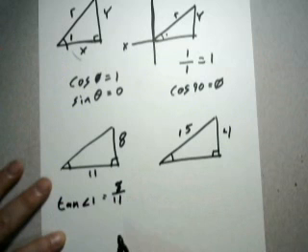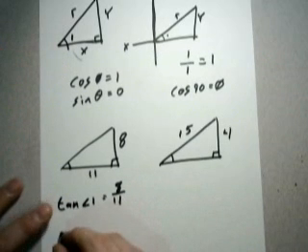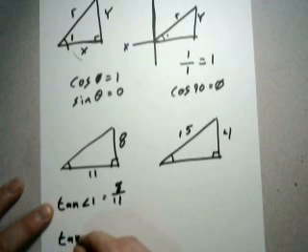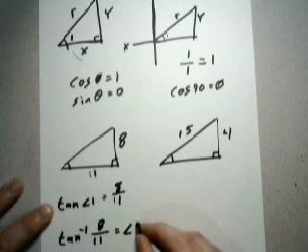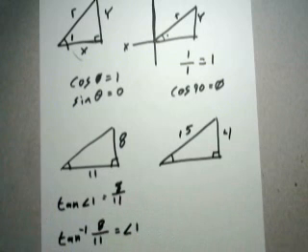Now remember, I'm looking for the angle and I have the ratio, so therefore I will use the arc tangent of the ratio to find angle 1. And so on my calculator, I type in arc tangent, that's the second function in tangent, and then 8 over 11.